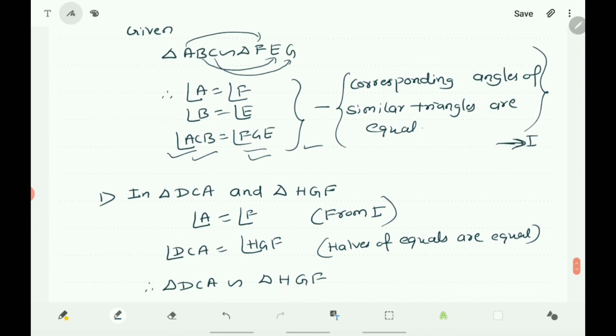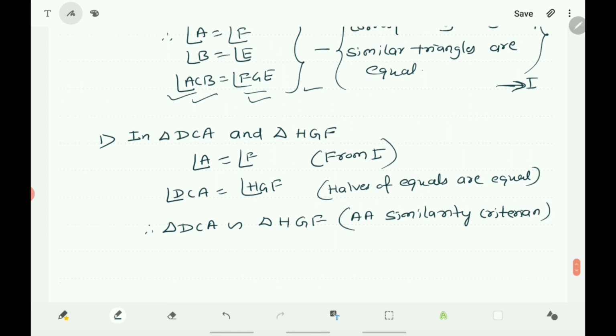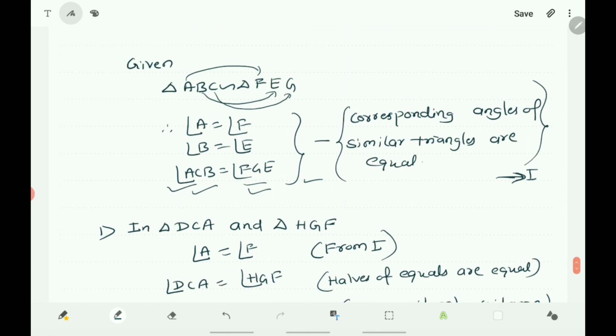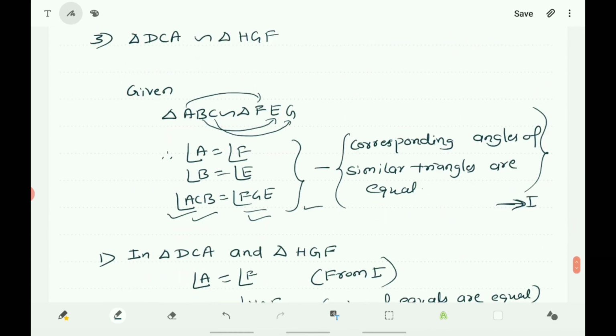The similarity criterion used is AA similarity criterion, and you need the ratio, that is CD by GH is equal to AC by FG.